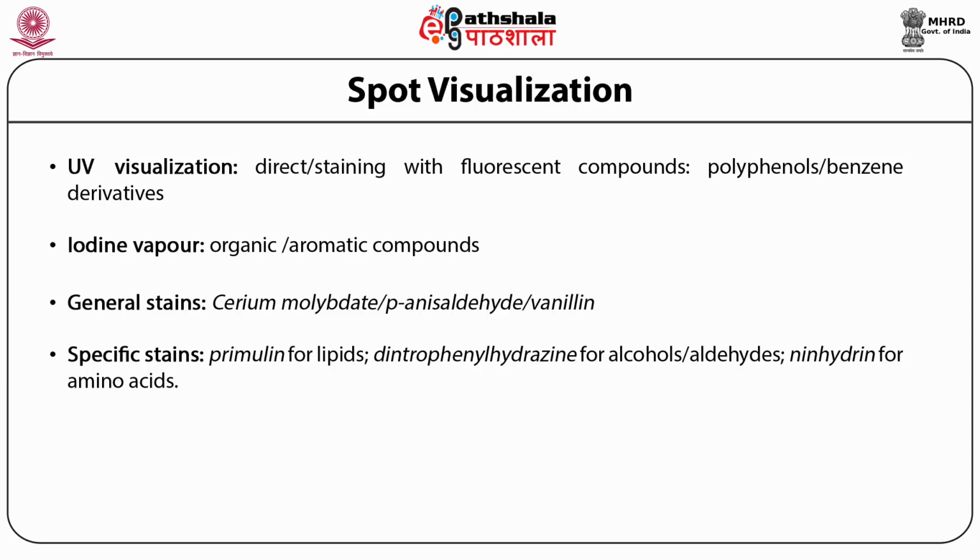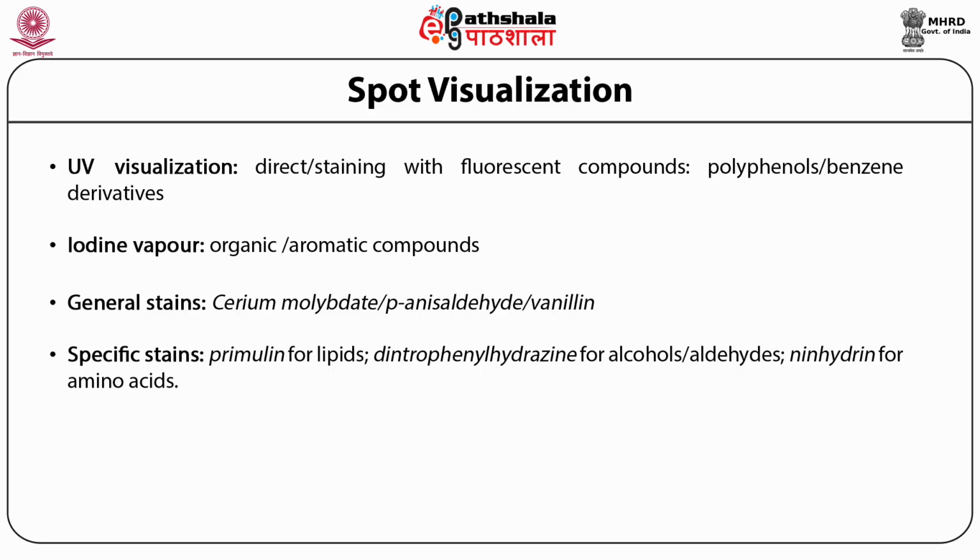Initial developments, as we spoke about in the history, have been incorporating a fluorescent material or compound in the coated gel itself, which allows detection after visualization under UV light.